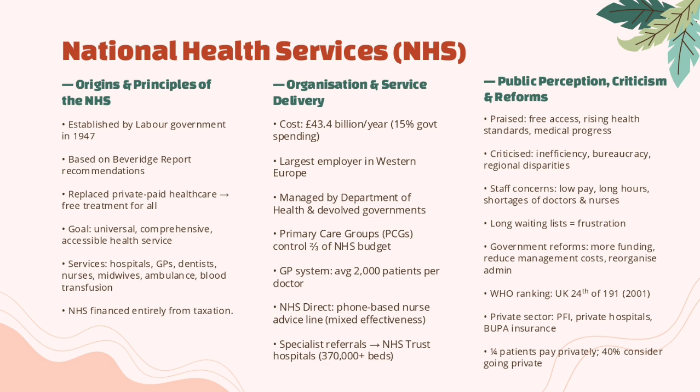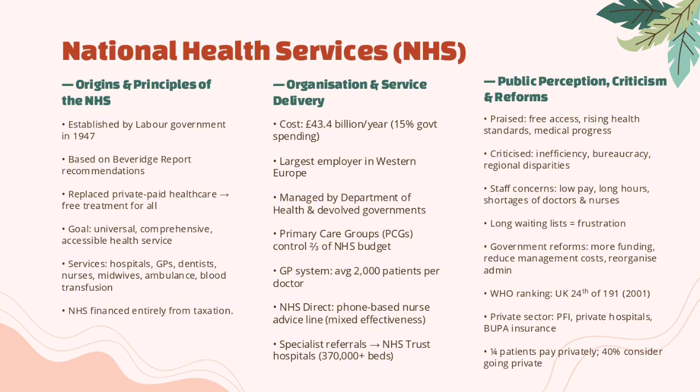The GP system averages 200 patients per doctor. NHS Direct is a phone-based nurse advice line, with mixed effectiveness. Specialist referral goes to NHS Trust hospitals, with about 370,000 beds.